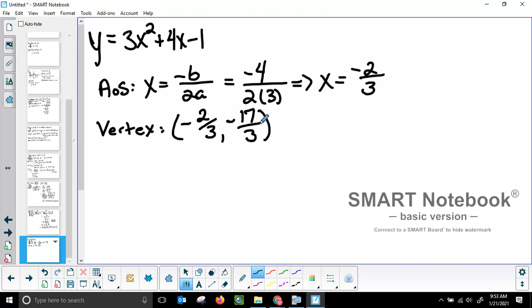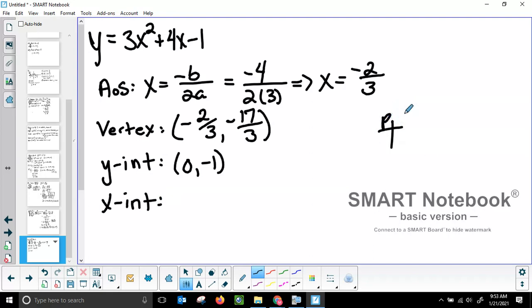All right, it says, and the x and y intercepts. Y-intercept is super easy, right? We just plug in 0 for x, so that's 0, negative 1. X-intercepts, if we can factor, that's the best. So we'll see if we can factor over here. I'll do my trash can method.